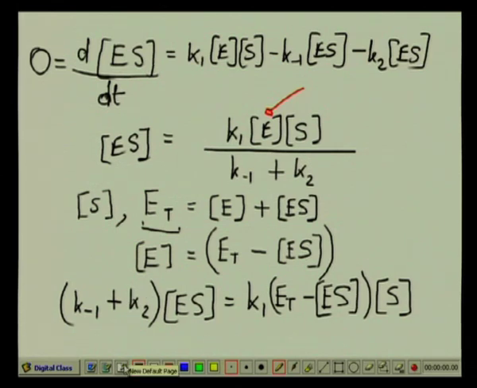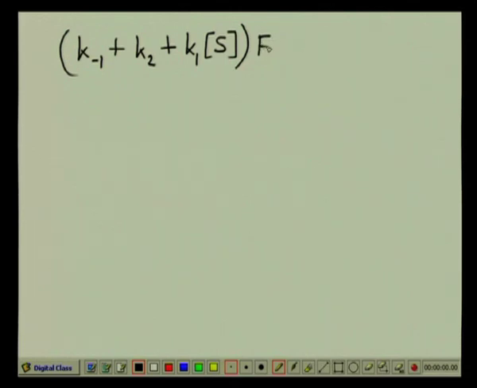Let us just do it. I will have on the left hand side a K minus 1 plus a K2 plus a K1 S all multiplied by ES, and what is this going to be equal to? K1 ETS.